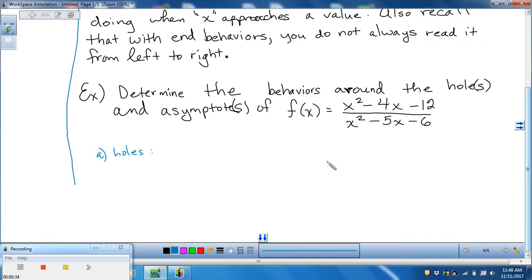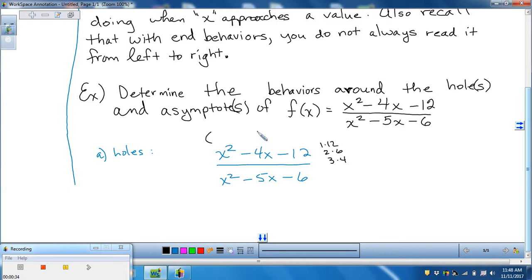Before I can do any of that, I've got to take my function and I need to factor it. So if I factor the numerator, 12 has factors of 1 and 12, 2 and 6, 3 and 4.